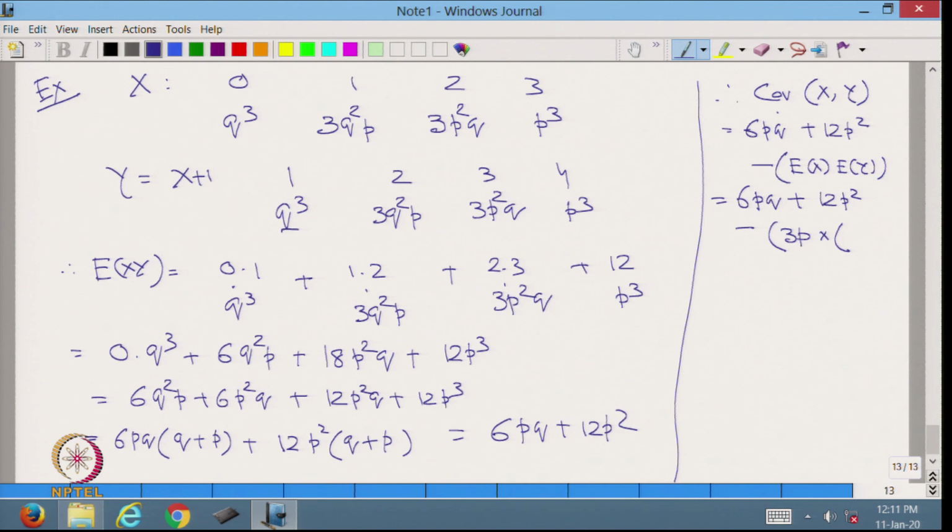Since y is equal to x plus 1, expected value of y is going to be expected value of x plus 1.